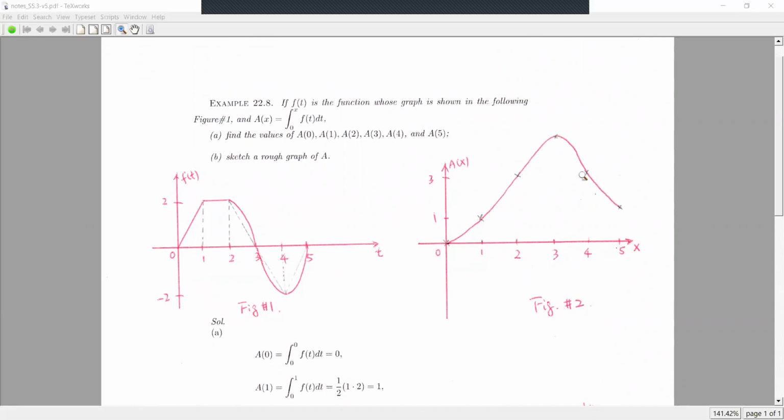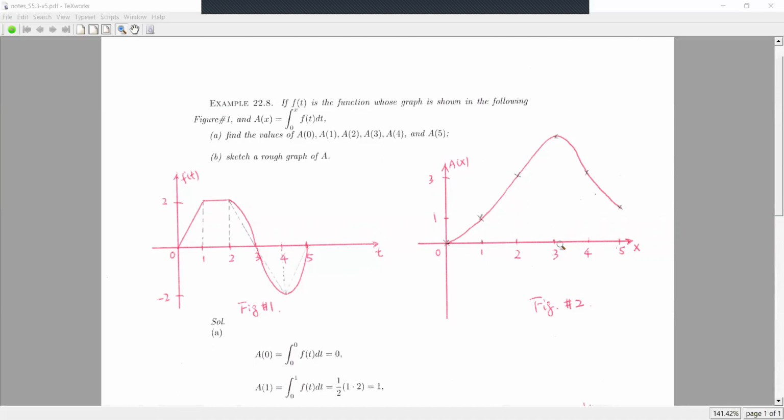This curve roughly is the graph of the function A. From this plot, I can see that function A reaches its maximum when x is 3. Beyond the point 3, the curve is decreasing.